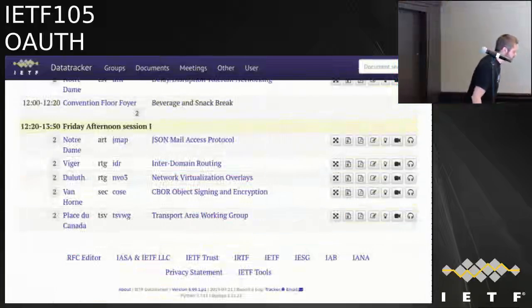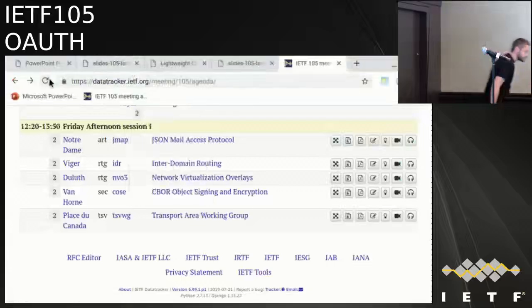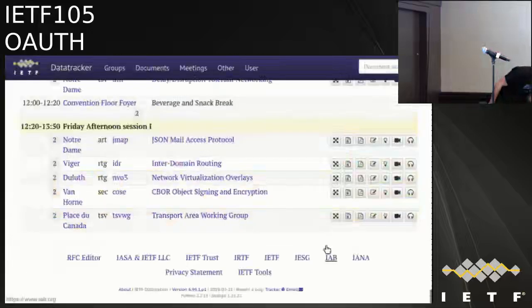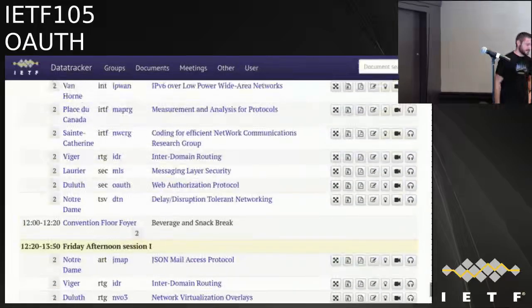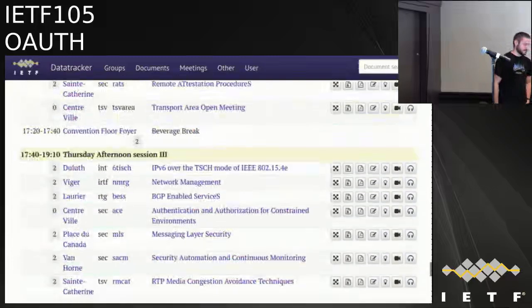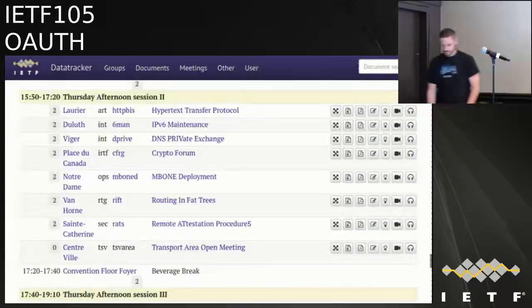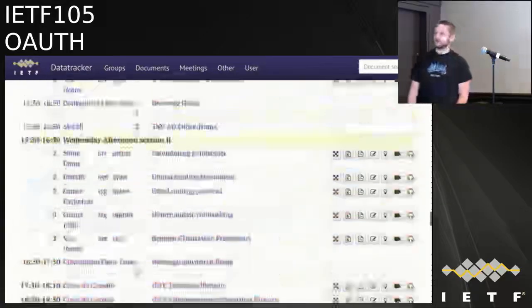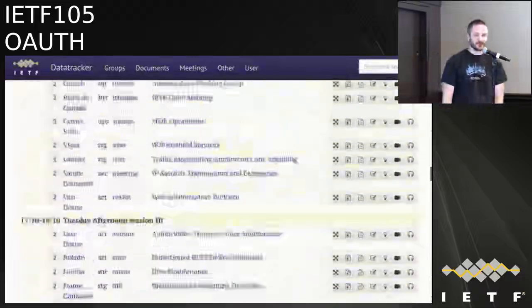Oh, there's no. Well, use the browser itself. Well, this is Friday. No. I'm not sure. Oh, come on. Let me just start here. The first slide is not that important.